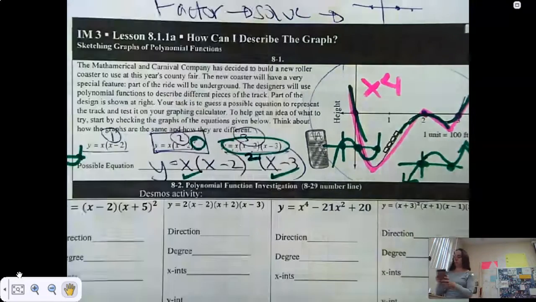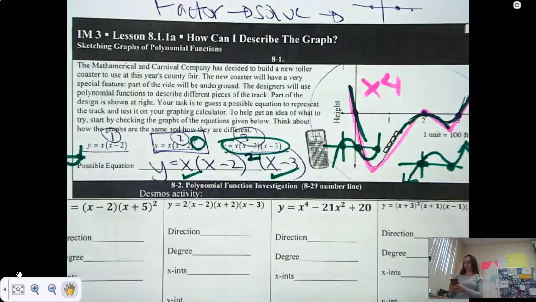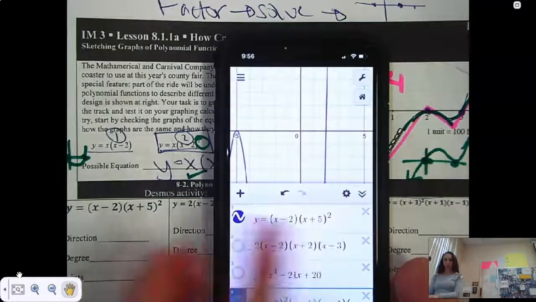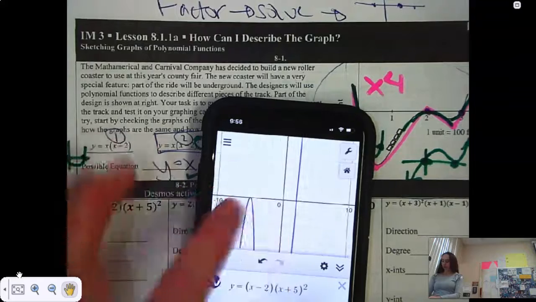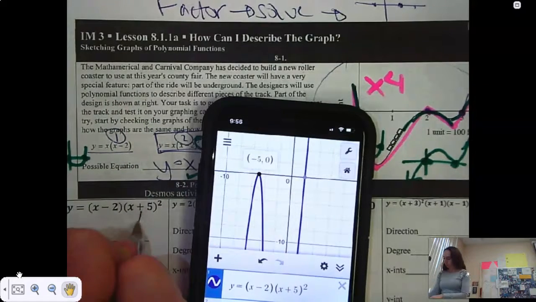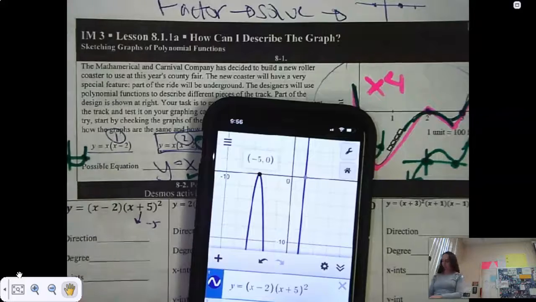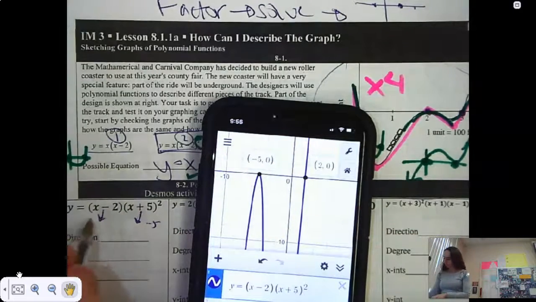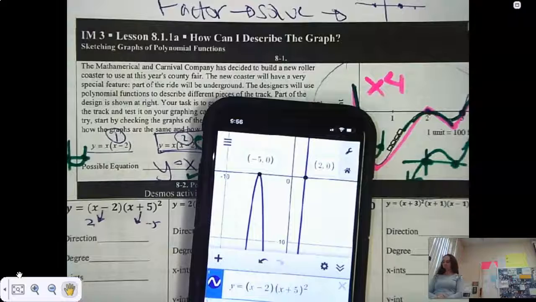Okay? All right. So what I did is I went on to Desmos and I graphed the first one. So I put in x minus 2, x plus 5 squared, and let's look at it. It told us we had a 0 at negative 5, which we know because of this. It also told us we had a 0 at 2, which we know because of this.